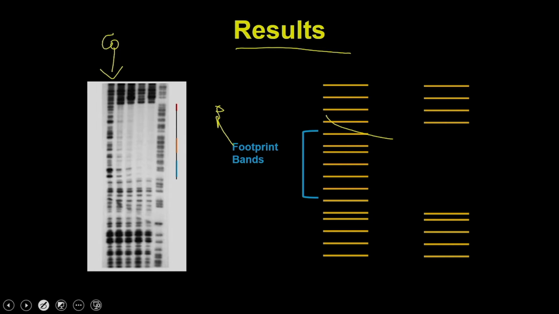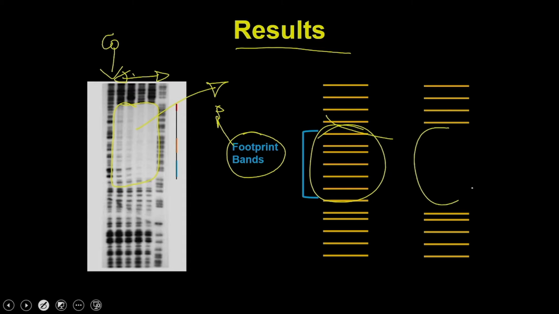What you see, from top to bottom, all the bands actually correspond to the different sizes of the nucleotides, whereas in this lane where you have added the nuclear extract, a large chunk of the region does not have any fragments, and these are actually the footprint bands, because that is exactly what happened. These are the bands which disappeared from your treated sample, meaning the sample where you have added the nuclear extracts.